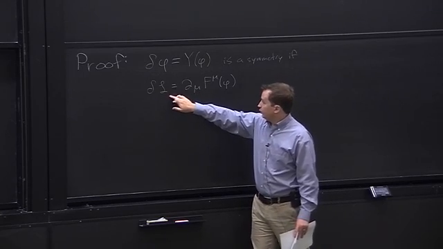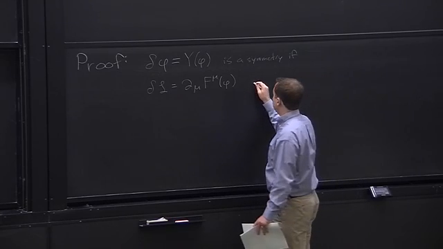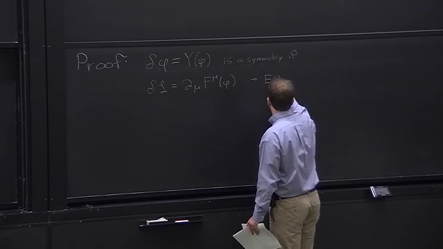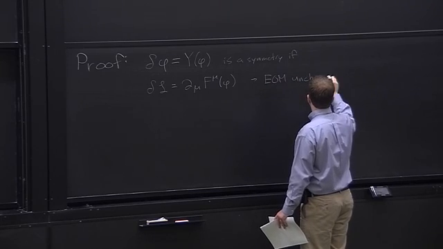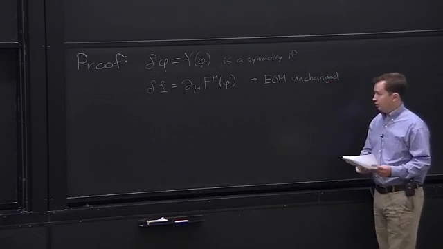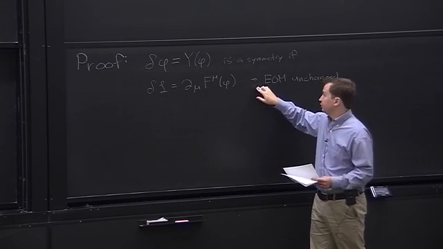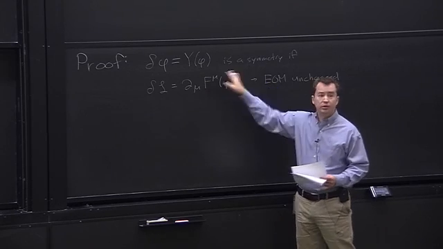But if the Lagrangian only changes up to a total derivative, then the equations of motion will be the same. And so if the equations of motion are the same, we'll say that the dynamics are the same, and therefore this variation is a symmetry.